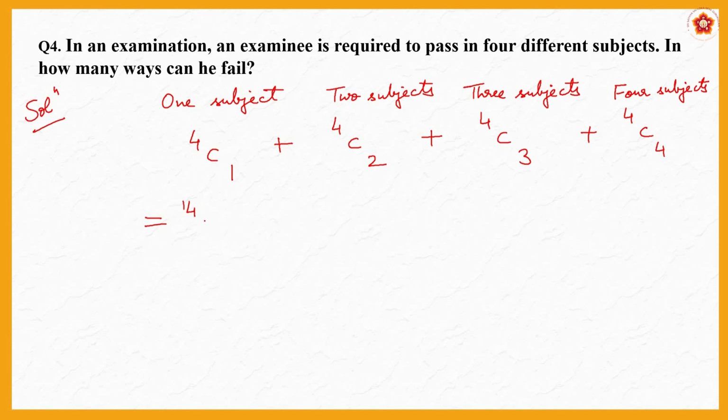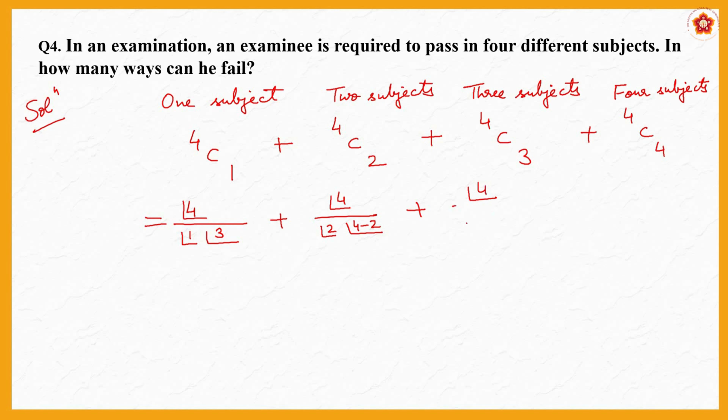Factorial 4 divided by factorial 1, and 4 minus 1 is 3. Here we get factorial 4 divided by factorial 2 and factorial 4 minus 2.